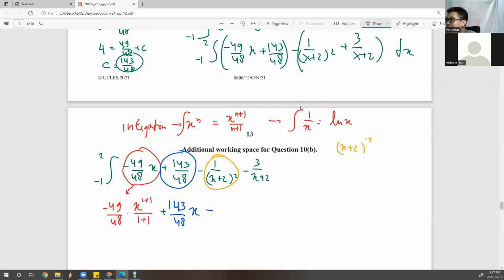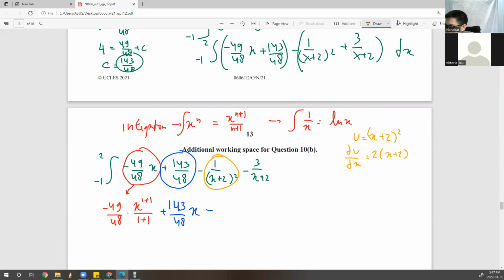Oh, okay. Using partial integration. Okay, so let u equal x plus 2 square. So du/dx equals, remember the previous topic we learned, 2 times x plus 2 power 1 times the chain rule 1. Okay, so let it be. You just ignore the 1 and the 1 on top, right?